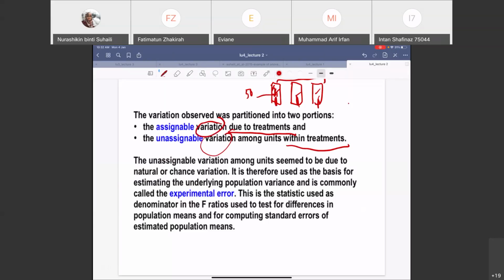It's about replication, because when we collect replications, it's because we want to increase the precision. We want to have more data in order to have a general view. But the variation among those data is actually called error, like experimental error. That is what we term as unassignable variation.